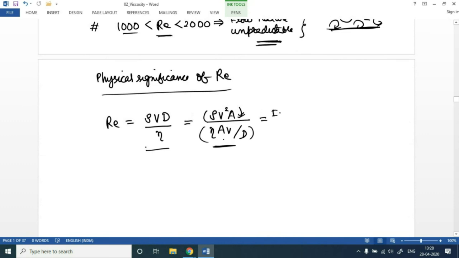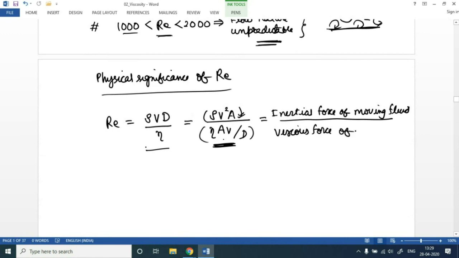That is nothing but the inertial force of moving fluid. And as we have just learned, the denominator is nothing but the viscous force of moving fluid.